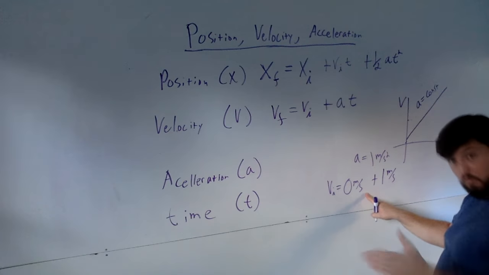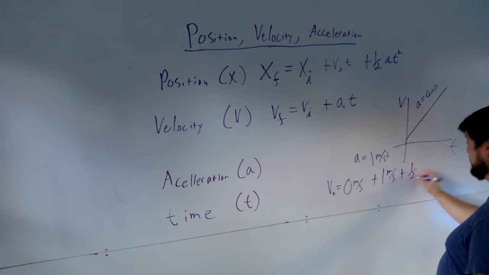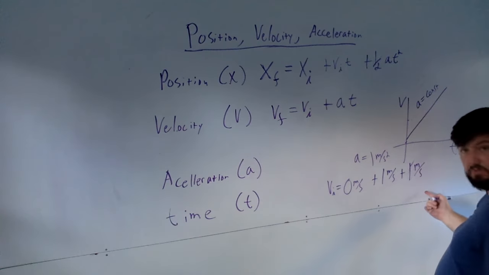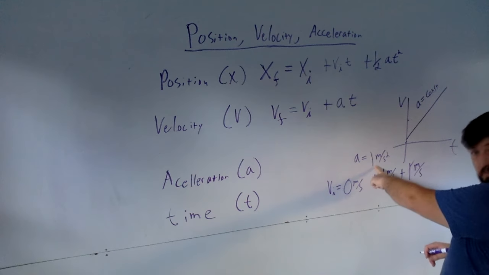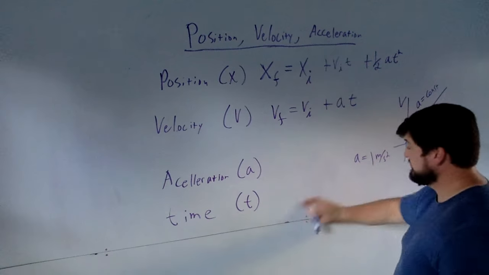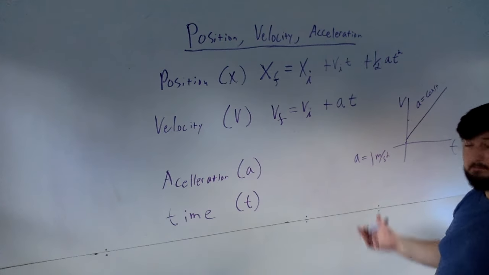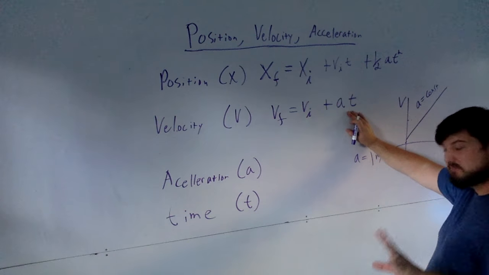Your final velocity is now 1 meter per second faster. After 2 seconds, you add another 1 meter per second to that, right? However many seconds that goes on, you're adding 1 meter per second for every second that goes by, right? And that's really all that affects your velocity, okay? There's some other terms that we won't get into because it's pretty rare to ever actually need them, okay?